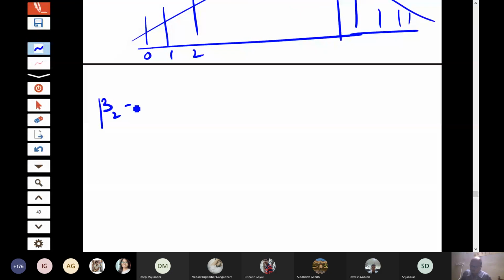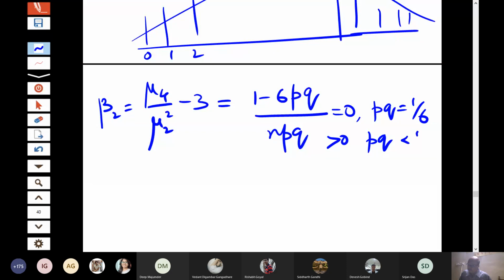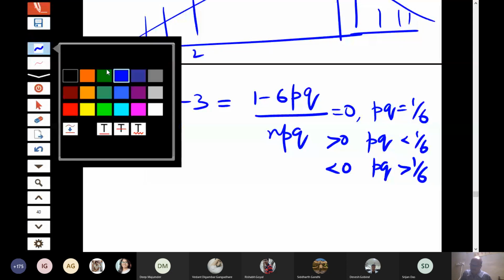Similarly, you can try to look at the description for the measure of kurtosis also. So that is mu4 by mu2 squared minus 3. That will become equal to (1 minus 6pq) divided by npq. Again you can see this is equal to 0 if pq is 1 by 6. It is greater than 0 if pq is less than 1 by 6. It is less than 0 for pq greater than 1 by 6. So you can again try to have an interpretation of this.